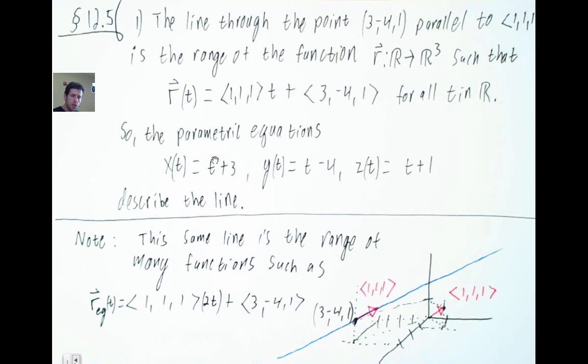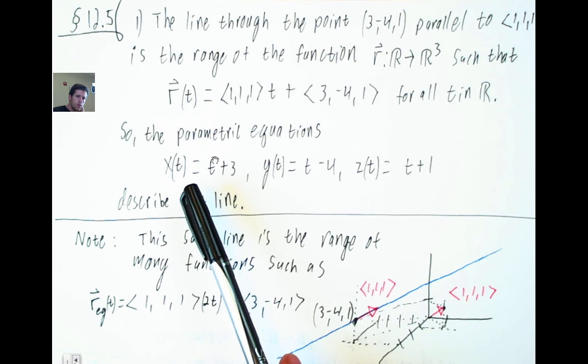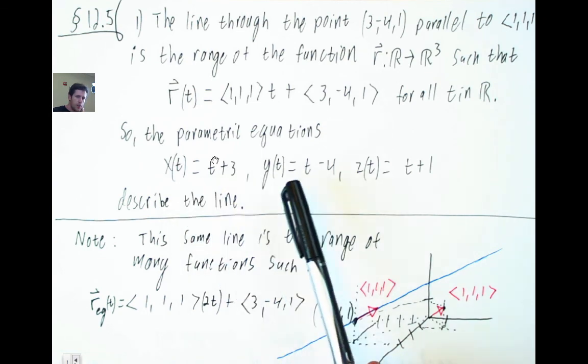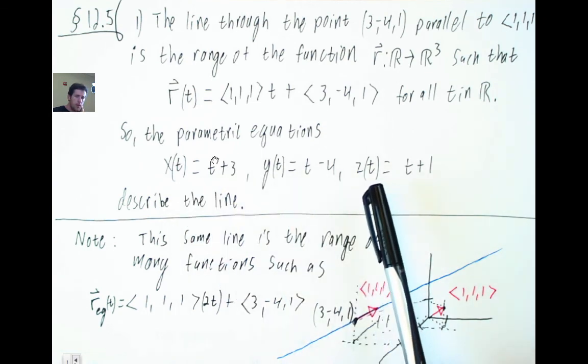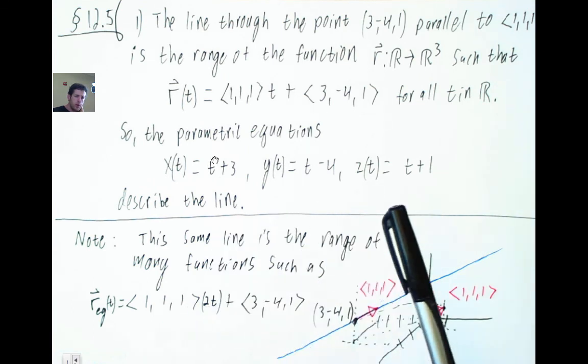That is to say, there are many ways to parameterize a line, and this answer that I wrote right here, this response, is not the only possibility. Also, from this parametric equation, I could write a system of three parametric equations that would also describe the line.